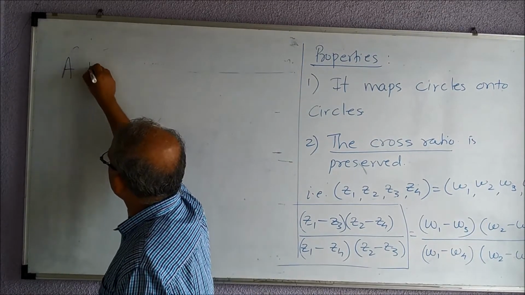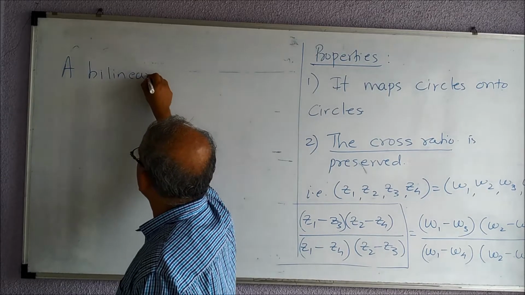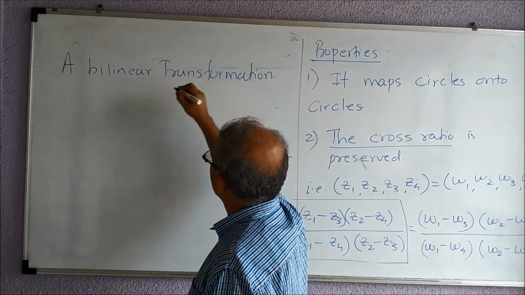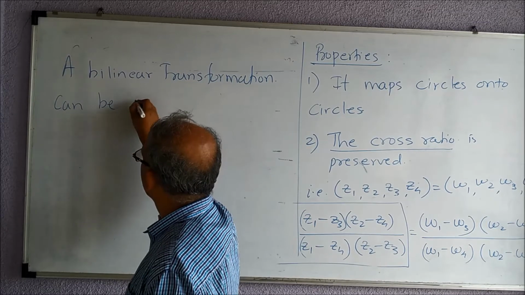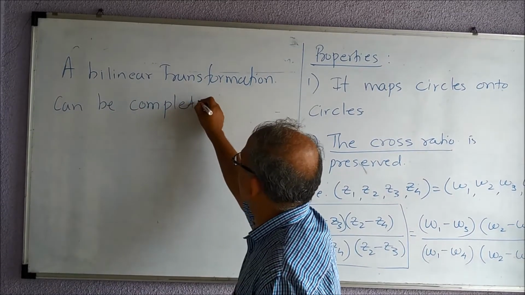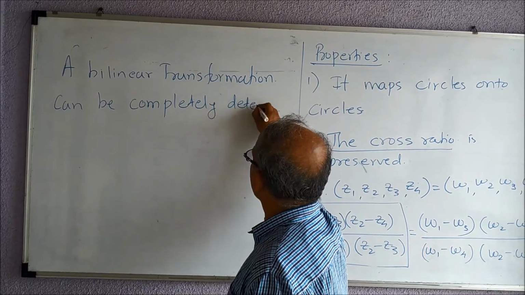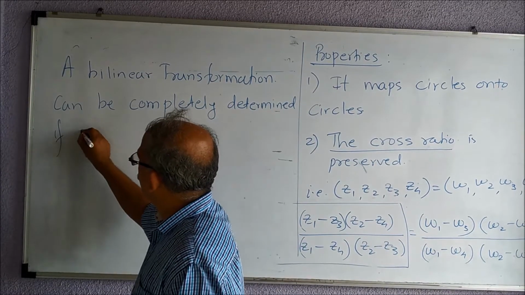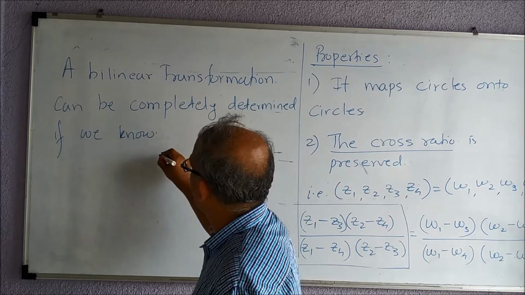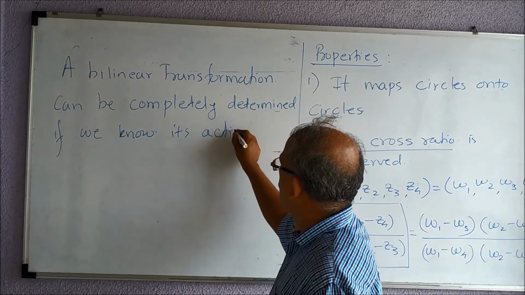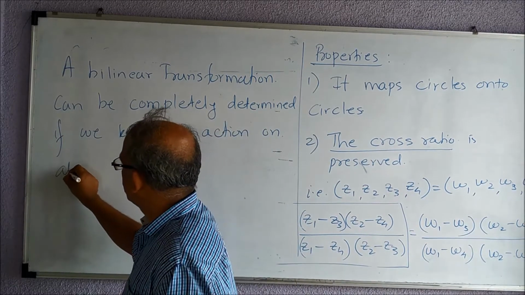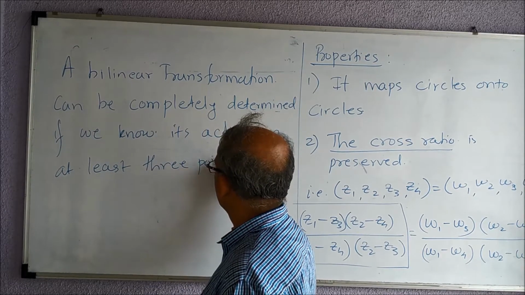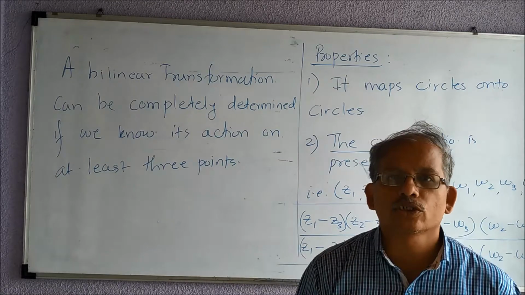So a bilinear transformation can be completely determined if we know its action on at least 3 points.